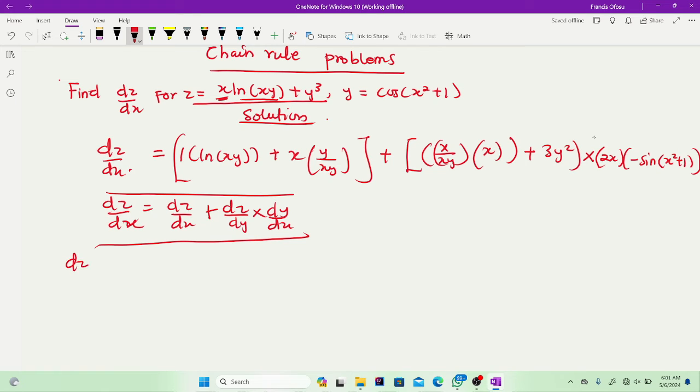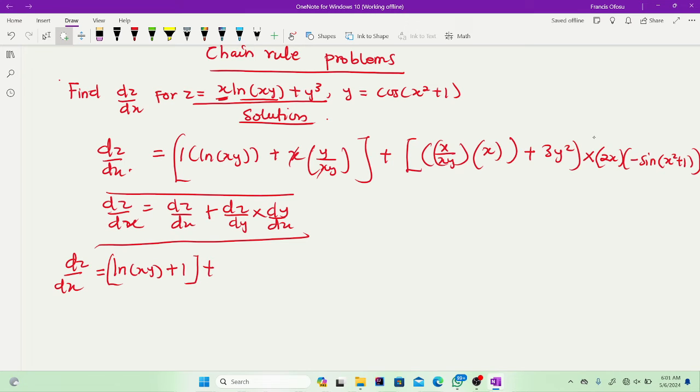So my dz/dx here is simply equal to 1 by ln x. You're going to get ln xy. Here, x will cancel this x, right? And I have y cancelling y, and I'm getting 1, okay? So plus 1. So once I get plus 1, then I simply come to this side plus.